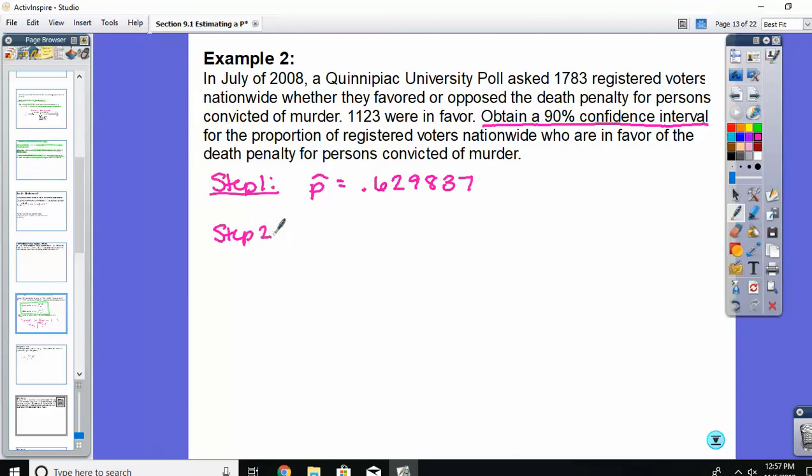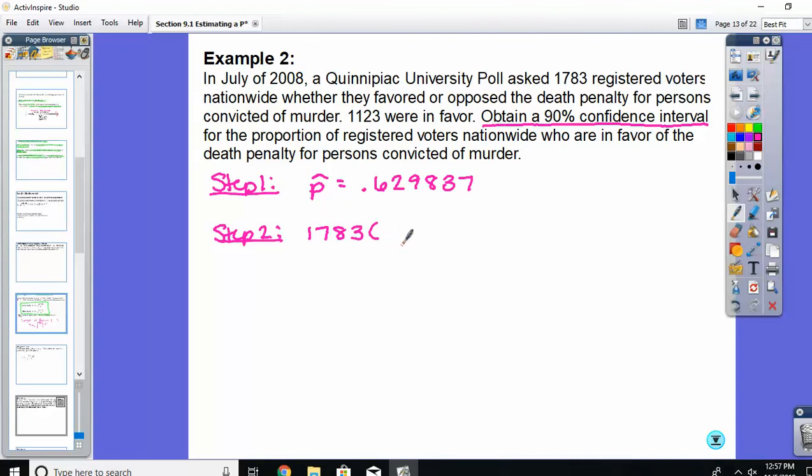Step 2, we need to check the criteria for p-hat. So the criteria, n, what's my n? 1783 times my p, which now I don't know p for the whole population, that's what I'm trying to find.